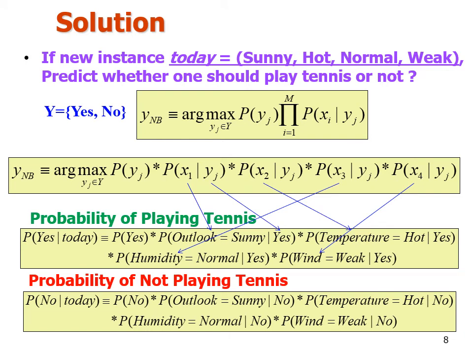So probability of not playing tennis given the instance today is computed as the product of probabilities for all the attributes having the provided values of the instance given no multiplied by probability of no. So, probability of no given today is equal to probability of no into probability of outlook equal to sunny given no, probability of temperature equal to hot given no, into probability of humidity equal to normal given no, into probability that wind is weak given no.